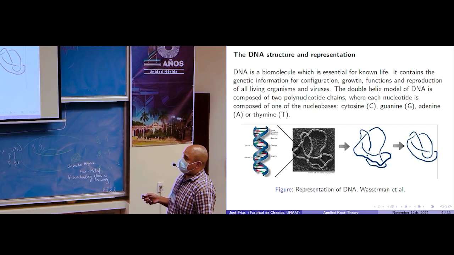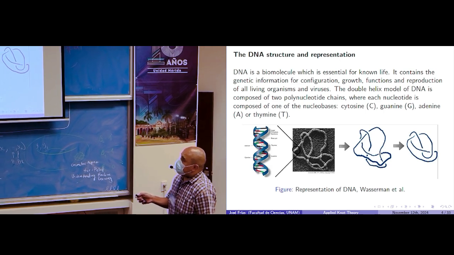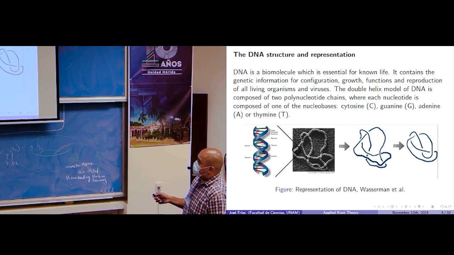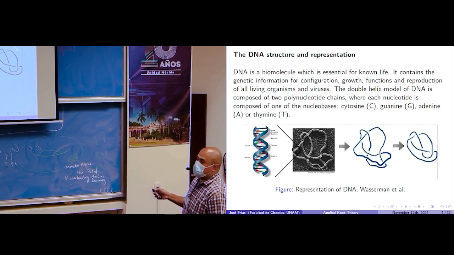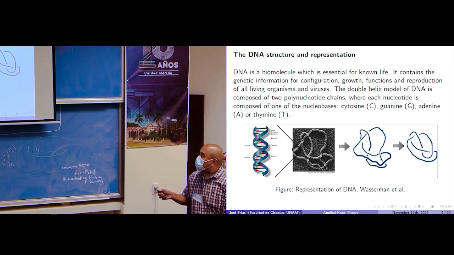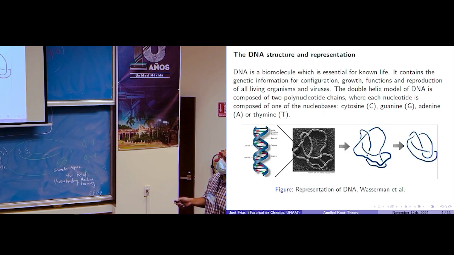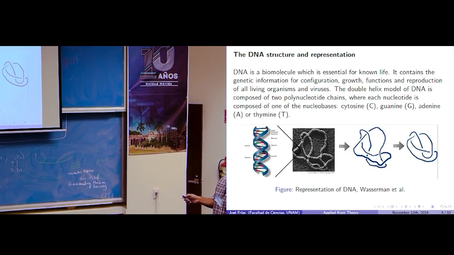It was almost 40 years ago, and we can see here that it has structure, and this is a kind of closed curve. So this is a knot. So we are going to represent these circular molecules of DNA by knots.